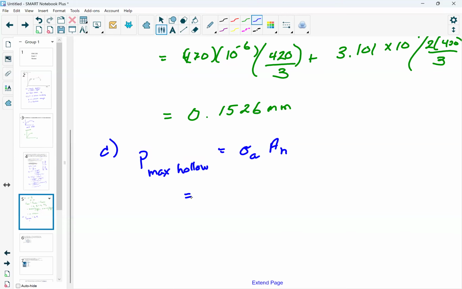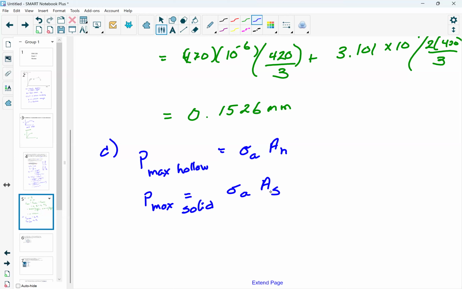And then P max of our solid is also sigma sub A, and then we'll have the area of the solid piece.